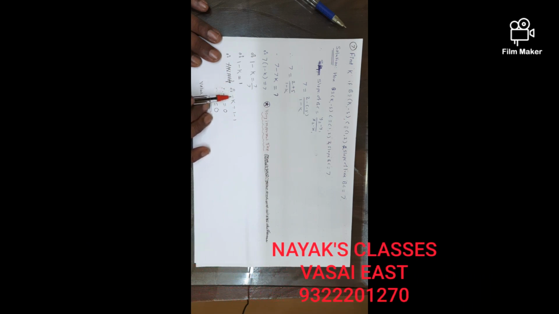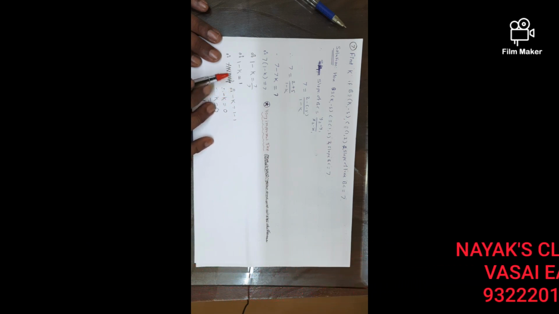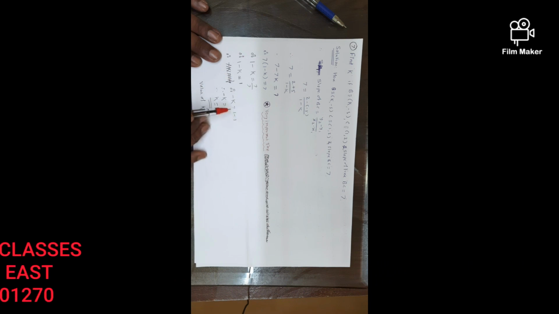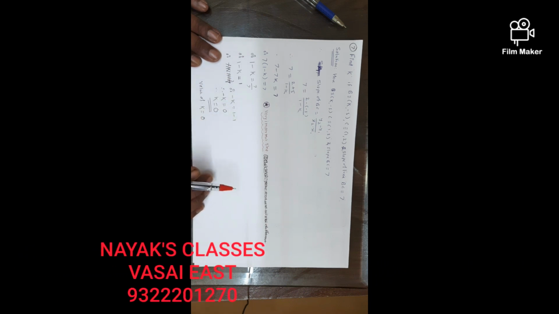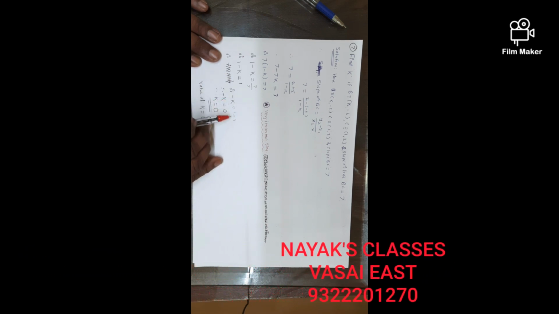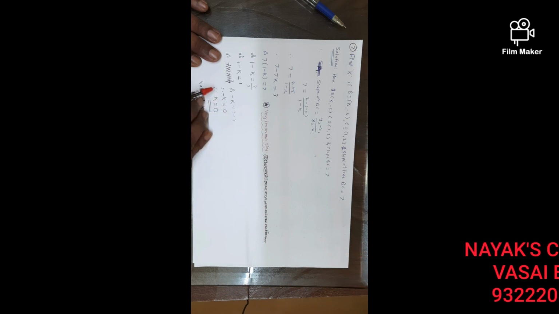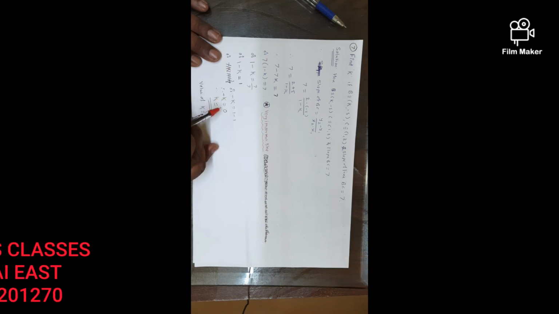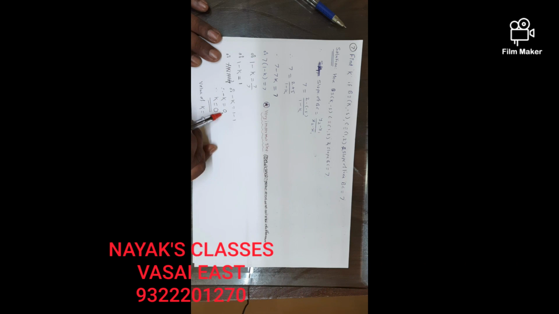Therefore minus k is equal to, that 1 came to the right hand side, 1 minus 1. So minus k is equal to 0.